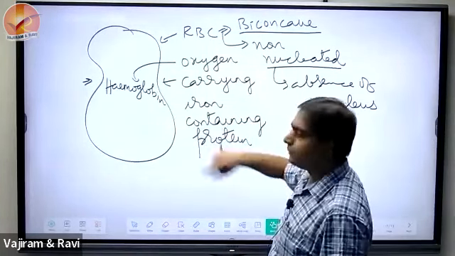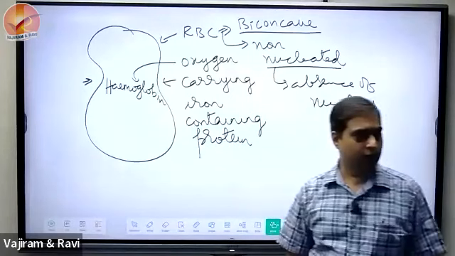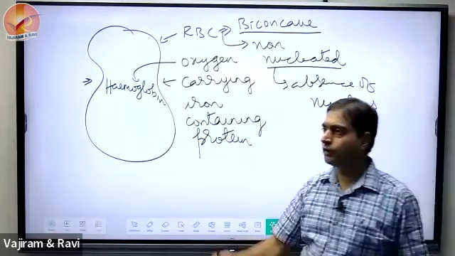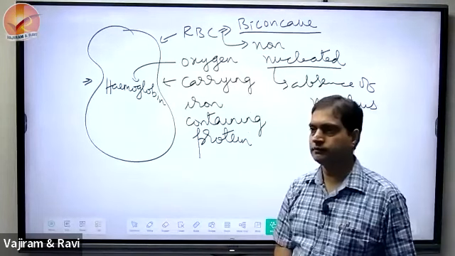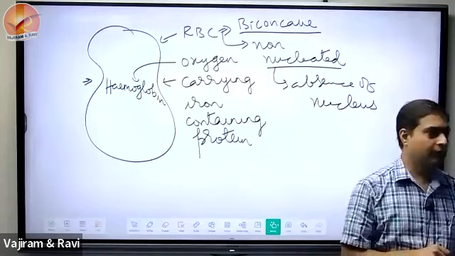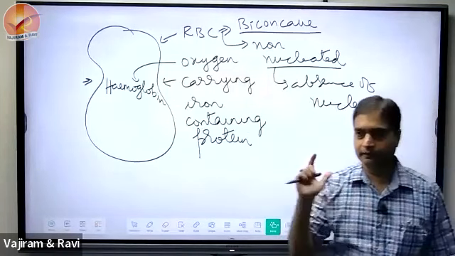Now inside the red blood cell, you can see the presence of what? Oxygen carrying iron containing protein known as hemoglobin. So hemoglobin is chemically a protein, and it contains which mineral? Iron.